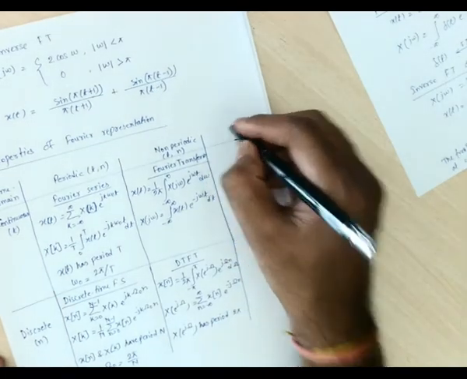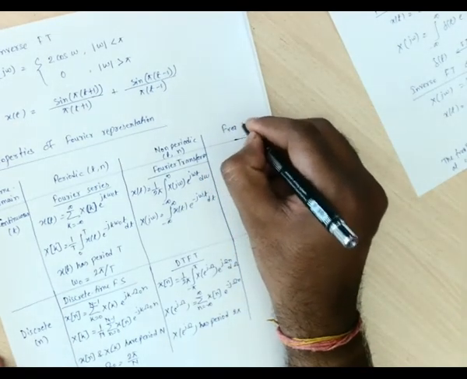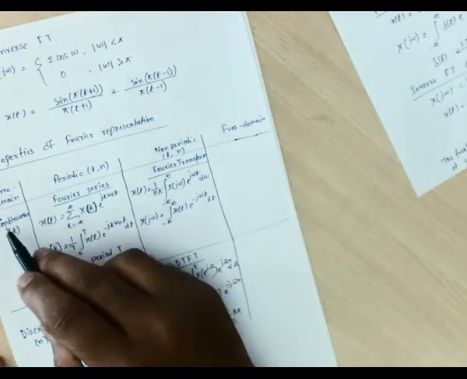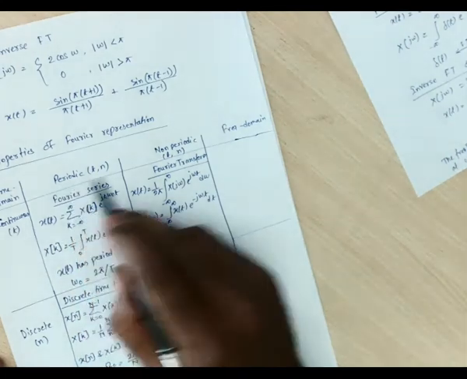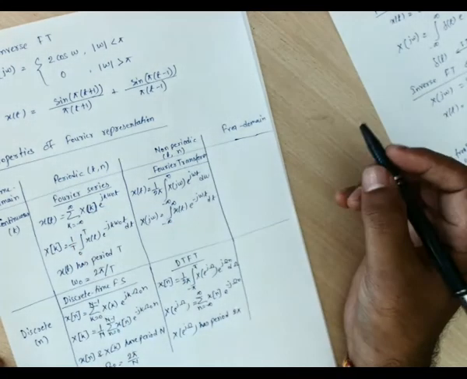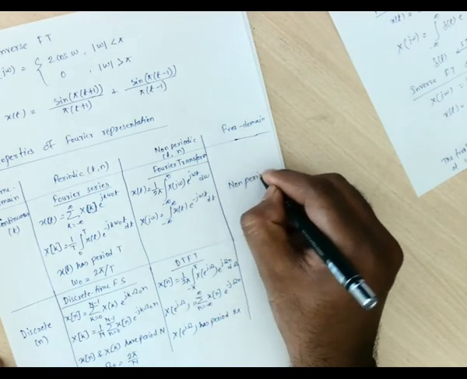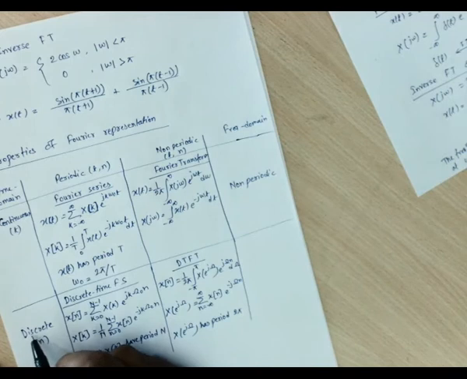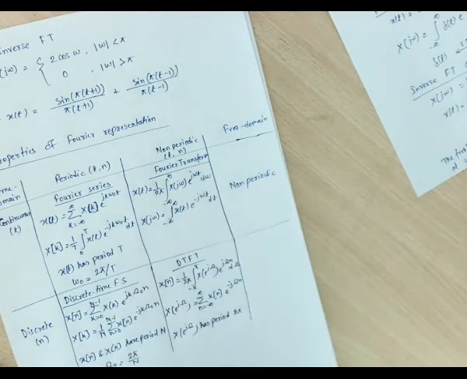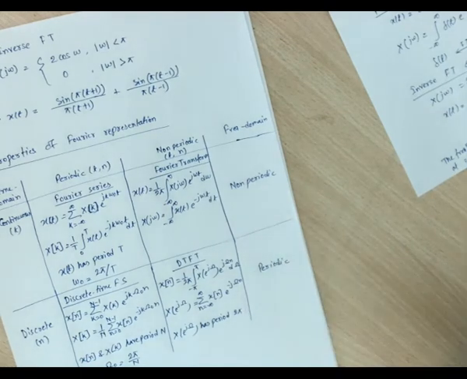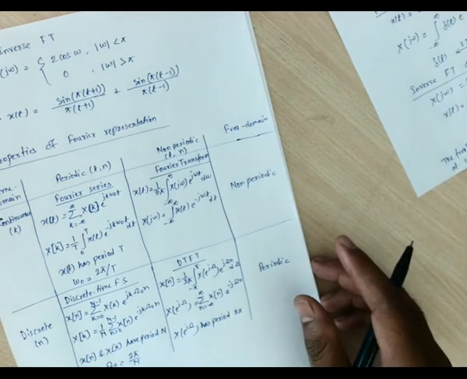When we look into the frequency domain signal for a continuous time signal, either periodic or non-periodic, that frequency domain signal will be non-periodic. Same, if we go with a discrete time signal, either periodic or non-periodic, the frequency domain signal will be periodic.